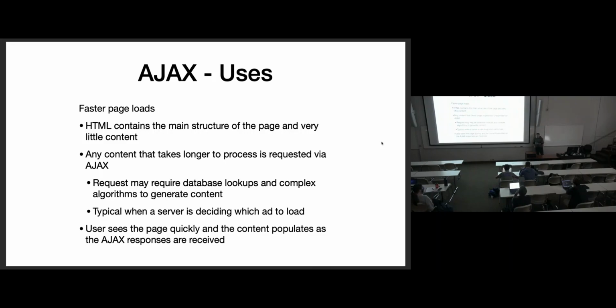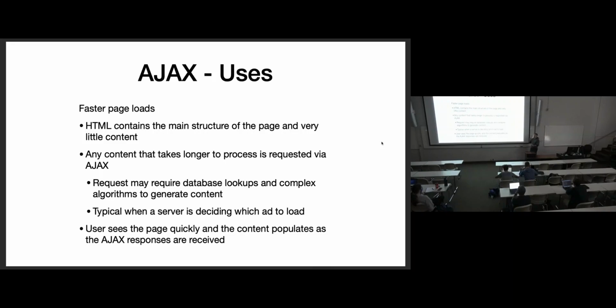which might require database lookups, might require algorithms to figure out which content to send this specific user. There might be some heavy processing going on with that. It's going to take a little longer. And just to send all the data might be a lot of bytes. So those happen with Ajax requests, and then that data slowly starts populating as the page loads. And you can see this with most modern sites.